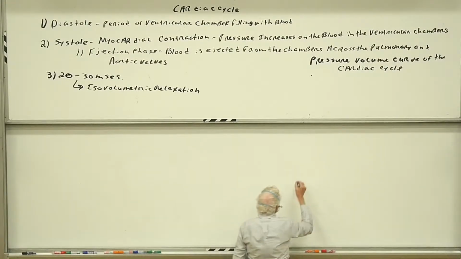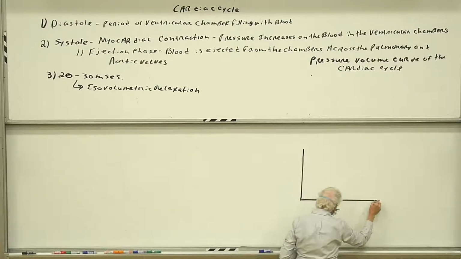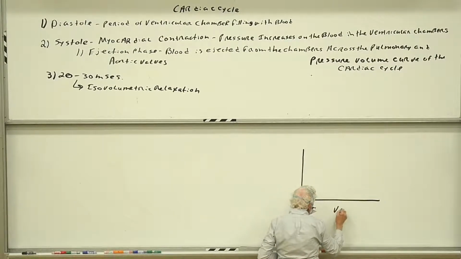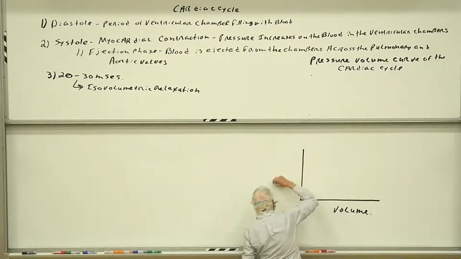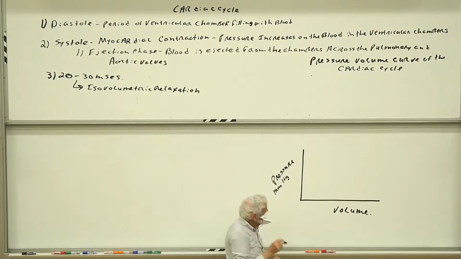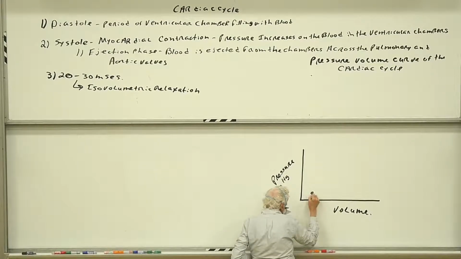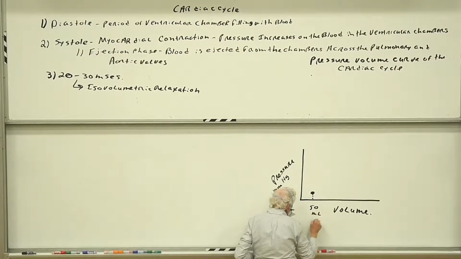So when we plot this, it's going to be an unusual graph. There's no time in this graph. This is volume on the abscissa, and this is pressure on the ordinate in millimeters of mercury. I'm going to start down here, and I'm going to say this is point A. Point A, when we look at the volume, is typically 50 milliliters.